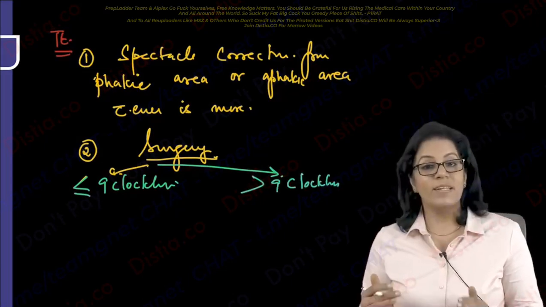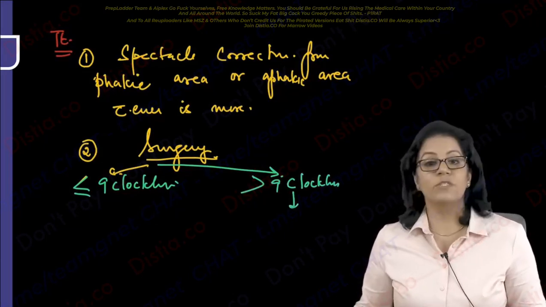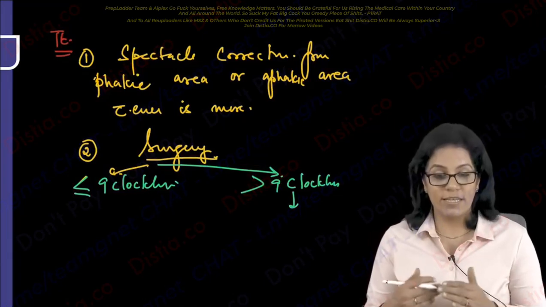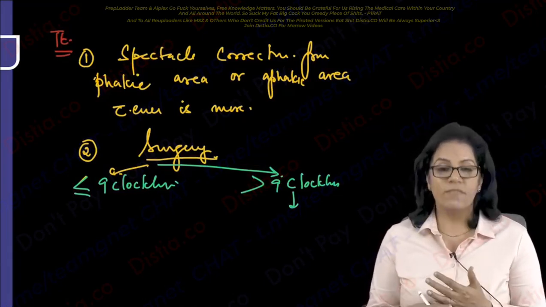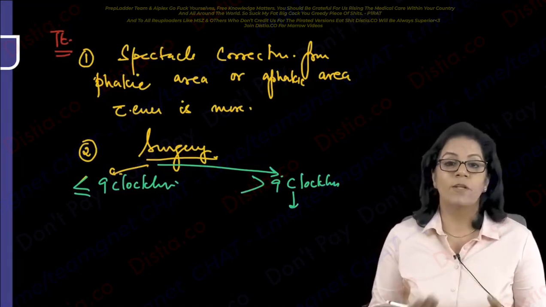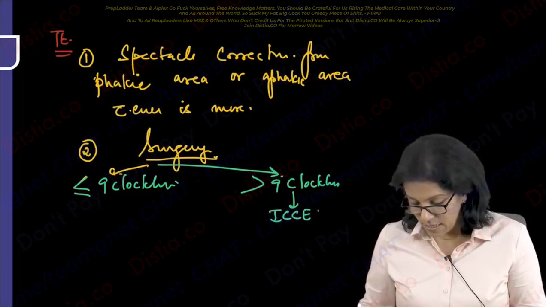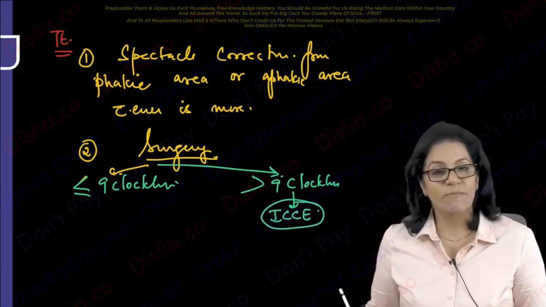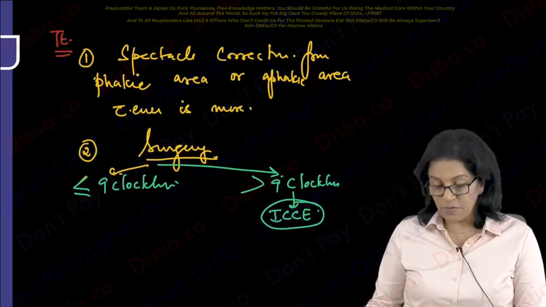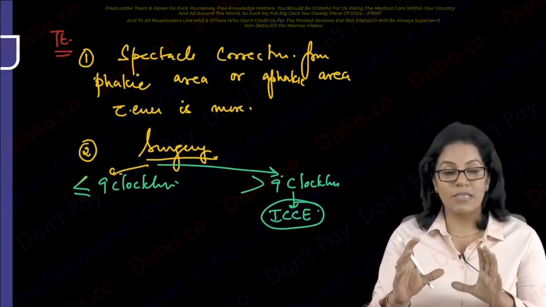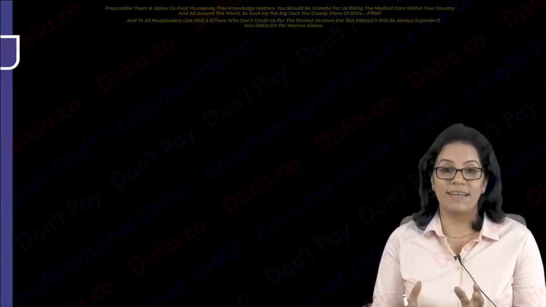If it is more than 9 clock hours, I have no other option. I have to do surgery and remove it. If it is a cataractous lens, then definitely the whole lens is removed. But if it is less, I can still manage to keep it there. It may not even be cataractous.